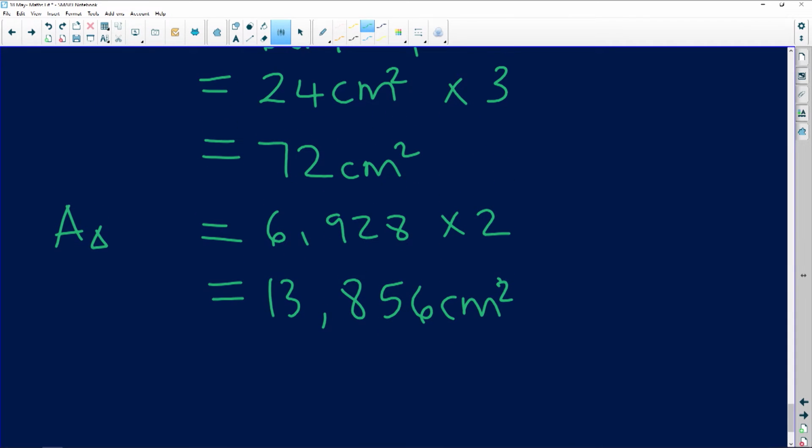So total surface area is then going to be, total surface area, I'm going to write it like that, is then going to be 72 plus 13.856.